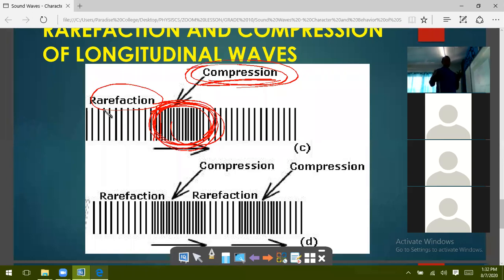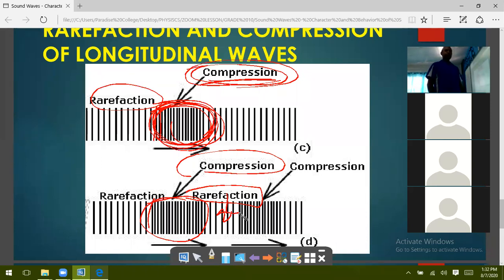When you come back, you're going to use a slinky spring to demonstrate that. I also got a picture. I'll show you. So when the wave fronts are close to each other, that is compression, and when they are further away from each other, it's called rarefaction.